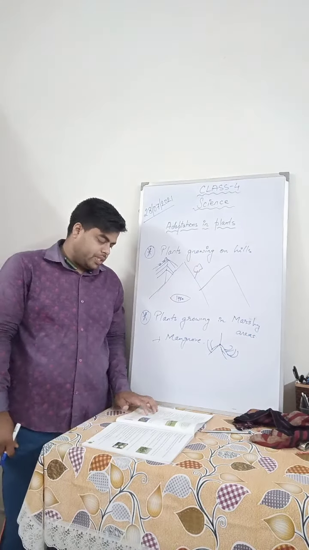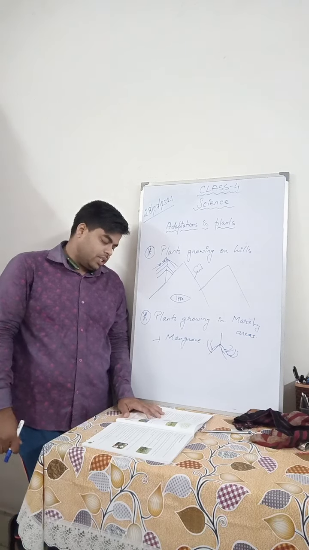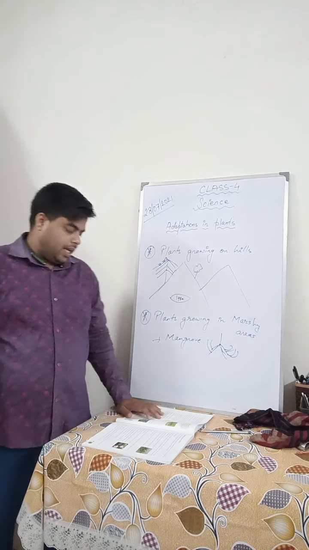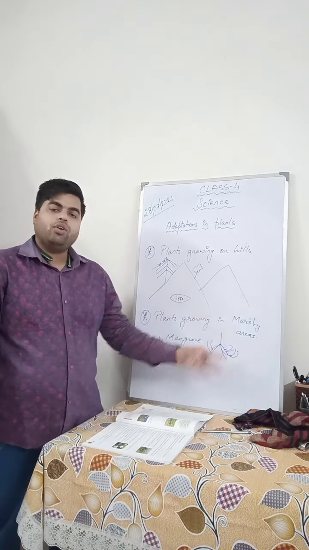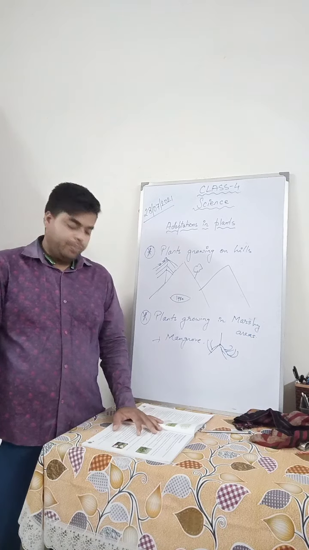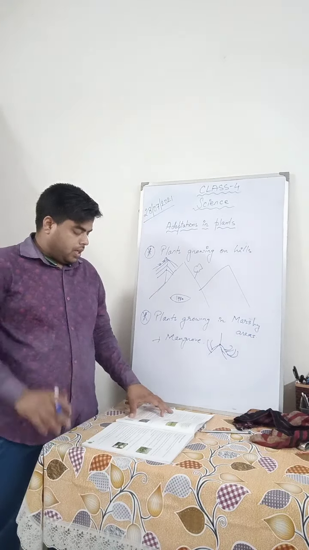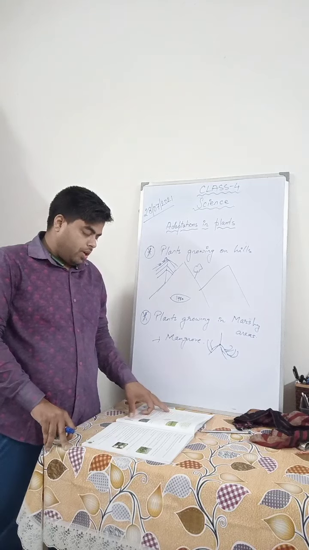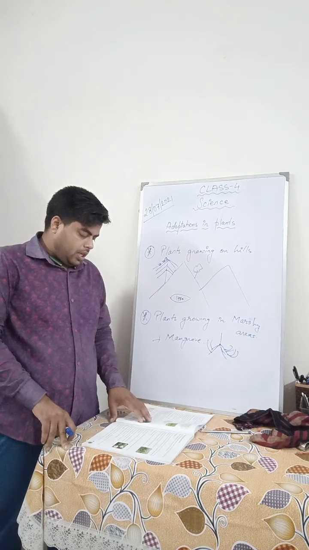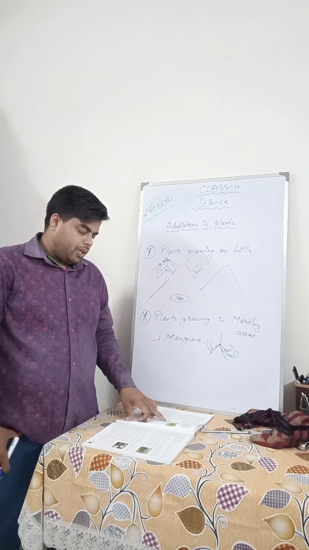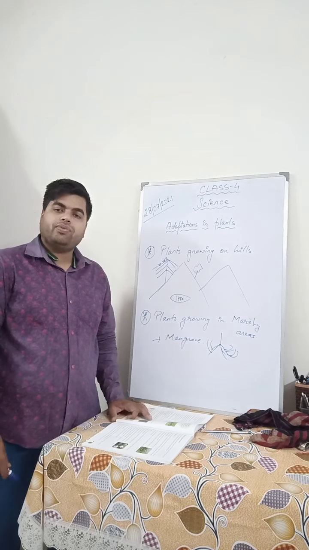Therefore, these plants have specialized roots called aerial or breathing roots that grow above the soil. They help them to breathe. Grey mangroves grow in swamps. Sundarban in West Bengal is famous for its mangrove forest.